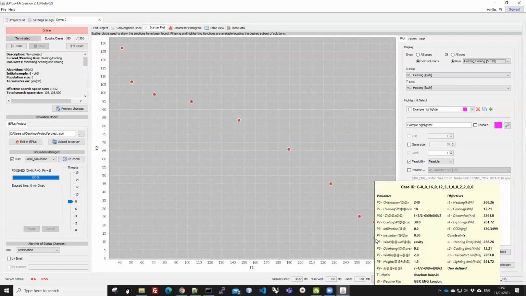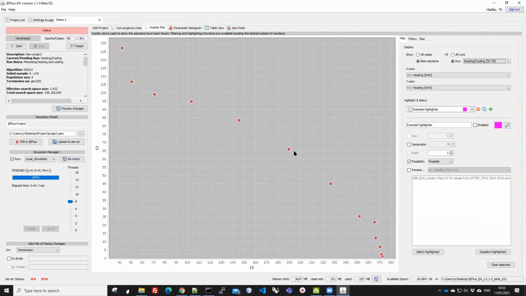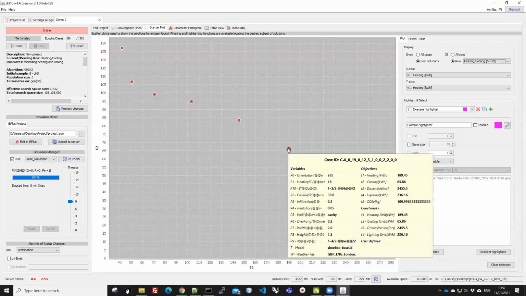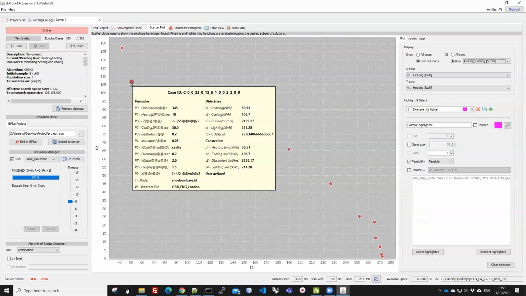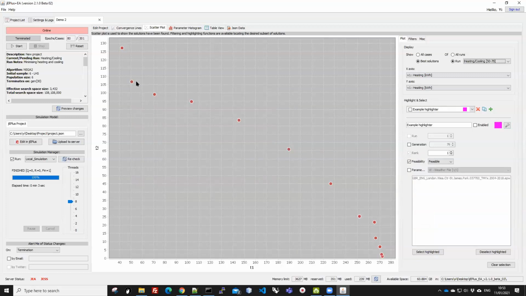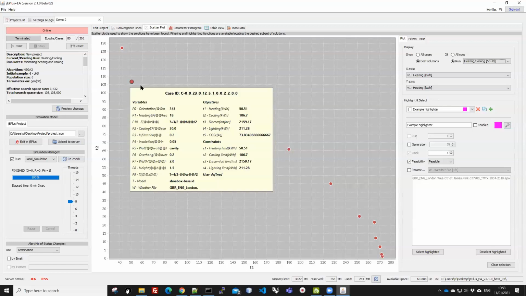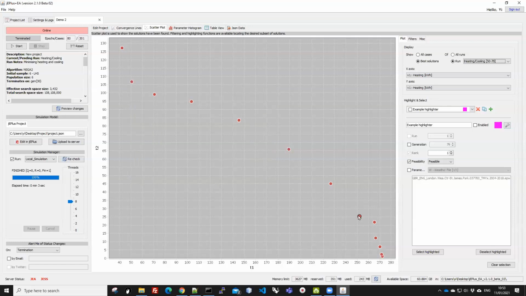See, all of them have 18 and 30. The only difference is the orientation. See, this one is 285 degrees. That's facing, God knows, east, I think. This is southeast.